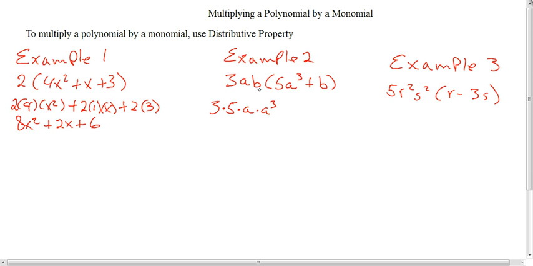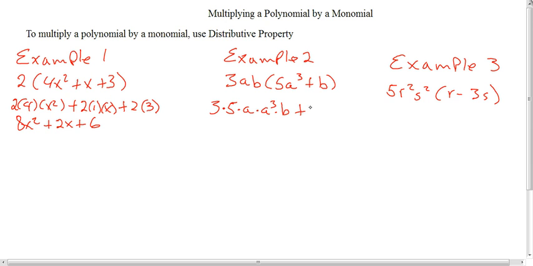Notice there is no coefficient on b, but we said it's an invisible 1 here, so we'll just bring our b right there. Plus sign, because that's the next thing there. Bring the plus sign down. I think a lot of the time we'll forget to bring these signs, these operations, down, and then we'll have all these different terms combined and we really don't know what we're doing.